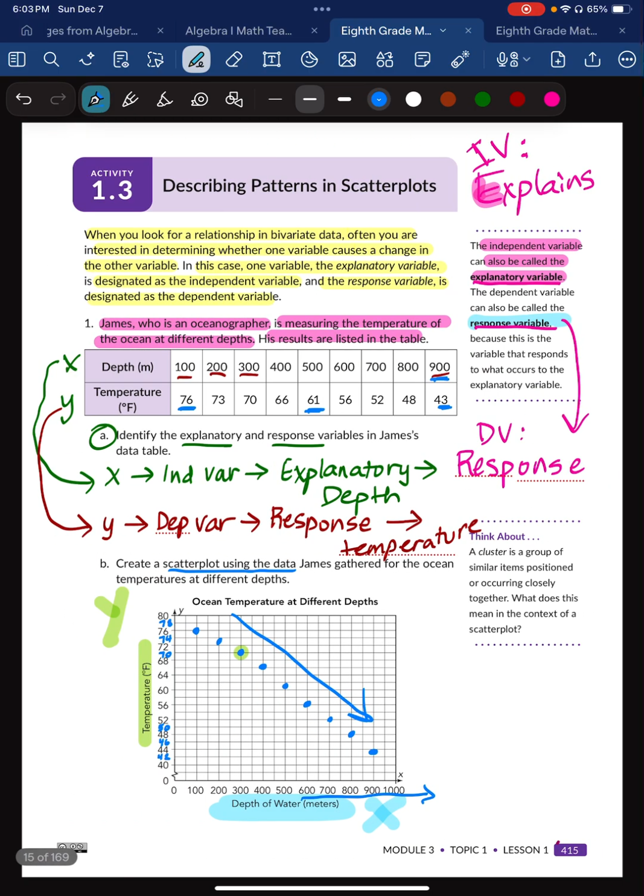See, if we had this line and we got the slope and we read a graph from left to right, correct? We read from left to right. And so if it goes from a high value to a lower value, then we're going to have a negative slope.